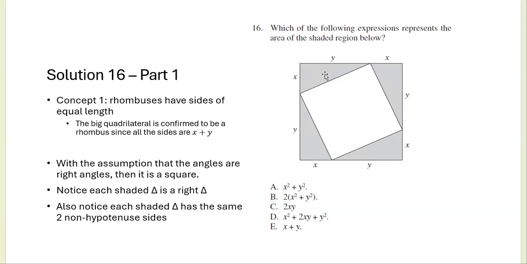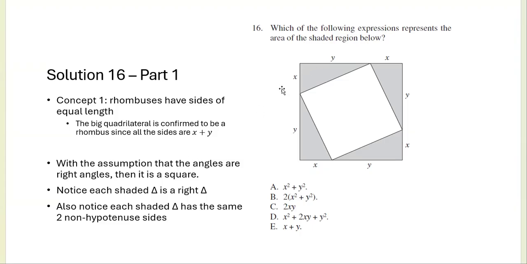Squares do as well, but squares have another restriction that rhombuses do not, in that squares' interior angles are right angles. Rhombuses, not always. Okay. So that's why we have to make that big assumption that these are right angles.